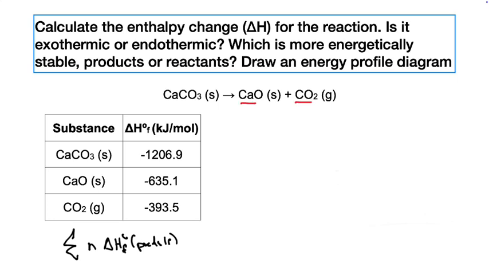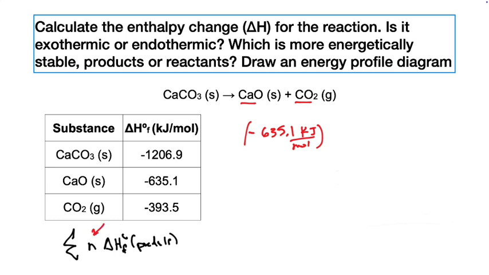My calcium oxide and my carbon dioxide are my products. Okay? So I'm going to look for my calcium oxide. Delta H is negative 635.1. We can include the units, kilojoules per mole, times what?